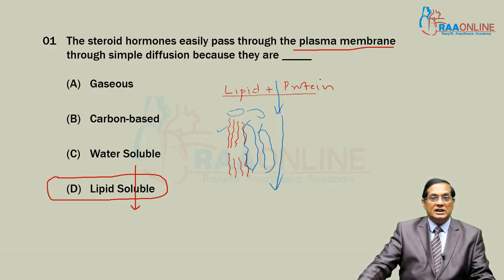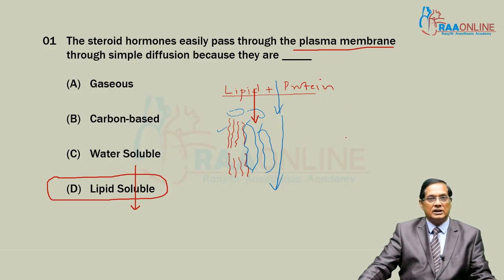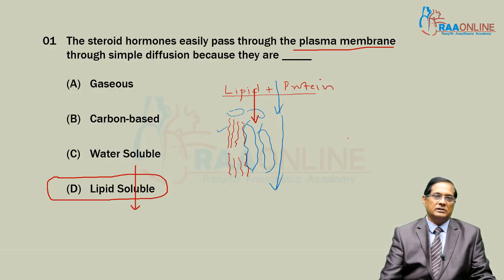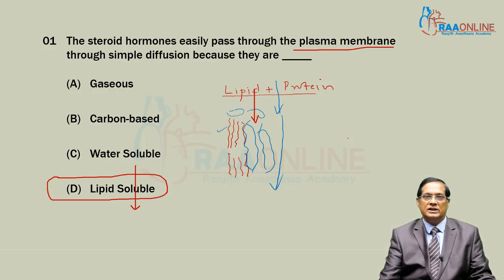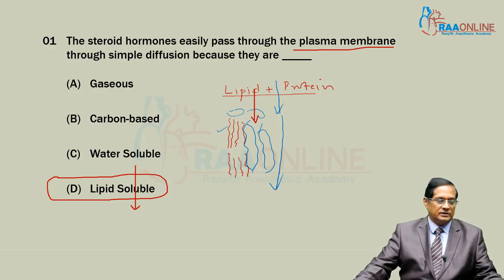In that case, specific protein channels are there for the passage of lipid insoluble or water soluble material. And there you will see two different types of transport. One is facilitated transport, the other is termed active transport.